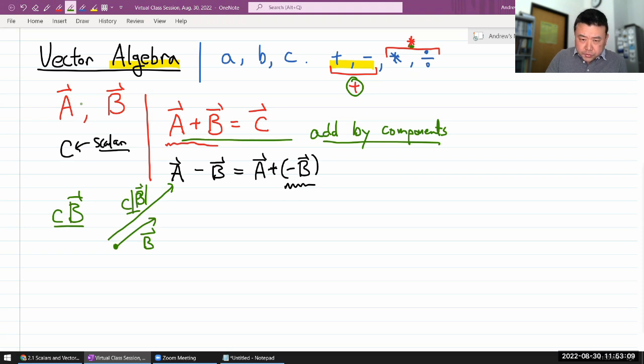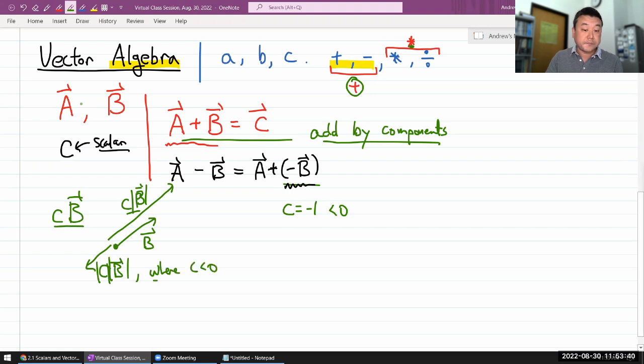To make sense of the expression with minus B, my C has to be -1, so it's less than 0. The natural convention when your scalar factor is negative is that it points in the other direction, 180 degrees the other way around. In terms of length, we use the absolute value, where C is negative.